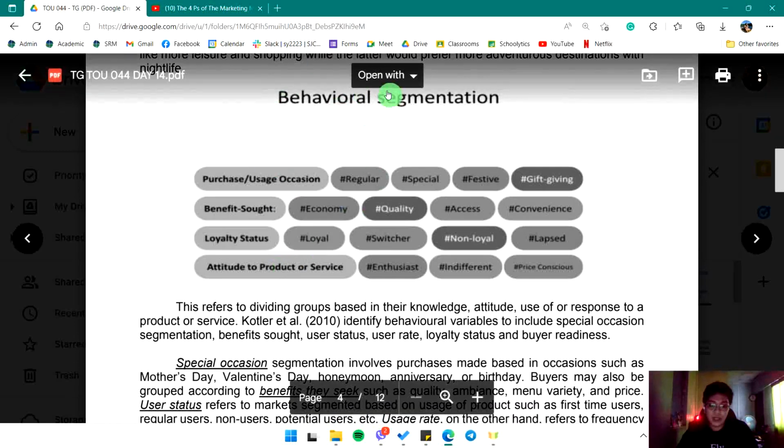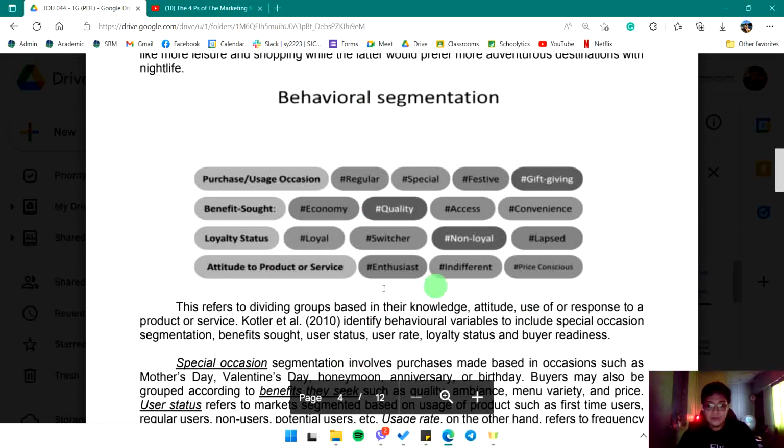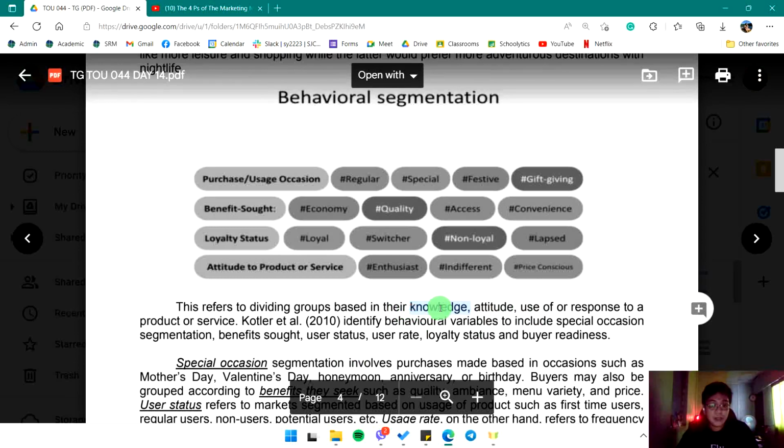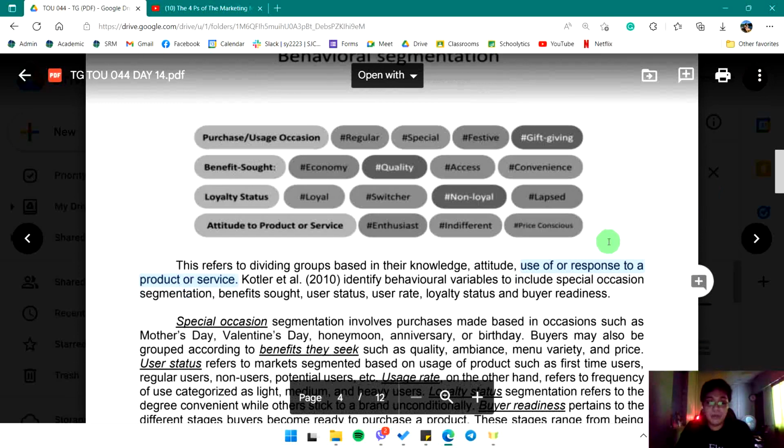Next is we have behavioral. And when it comes to behavioral, pag-uusapan natin dito yung knowledge ng mga tao doon sa kanilang produkto na binibili, yung attitude nila, kung ano yung perspective nila doon sa kanilang binibili, use of or response to a product or service, kung ano yung response nila sa isang produkto or isang serbisyo.